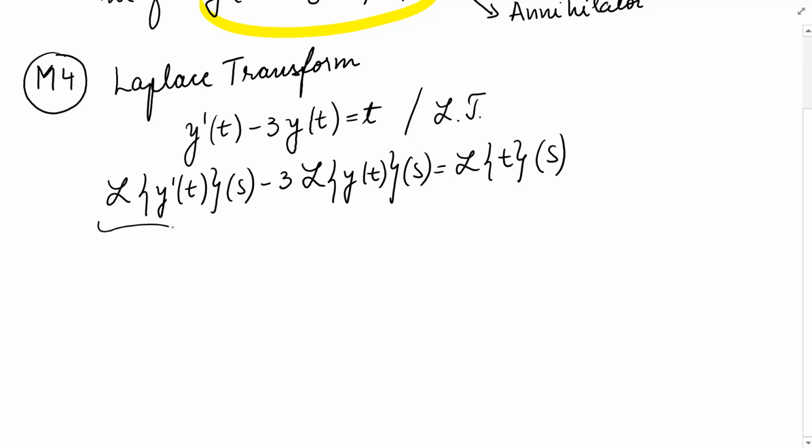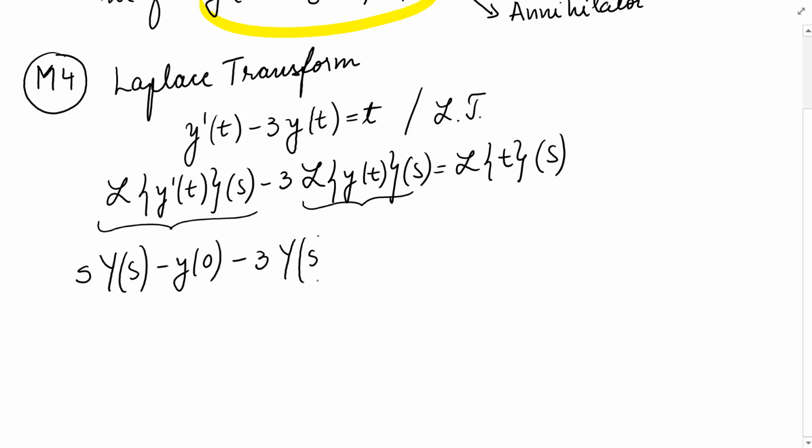Now, Laplace transform of y prime of t is equal to s y of s minus y of 0. This is from learning the properties of Laplace transform, with this new notation. So I write minus 3 times the Laplace transform of y of t of s, which I can write as capital Y. As you can notice, this is lower letter y and then capital Y of s as the Laplace transform.